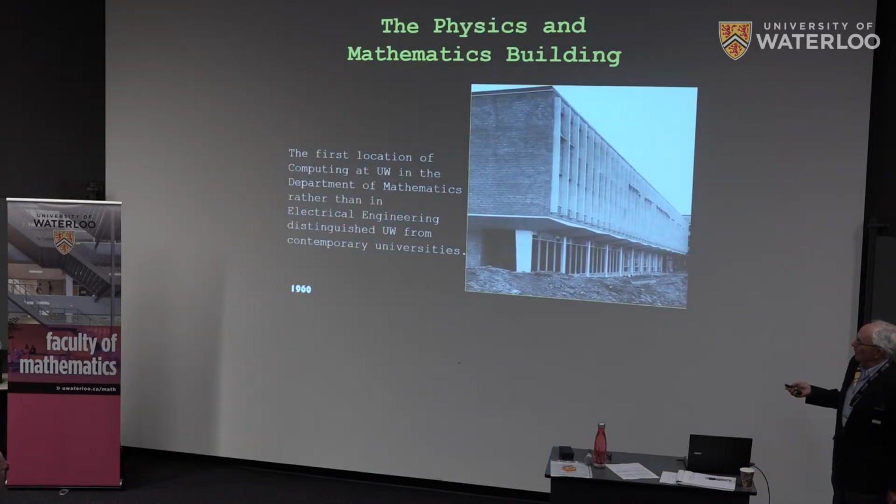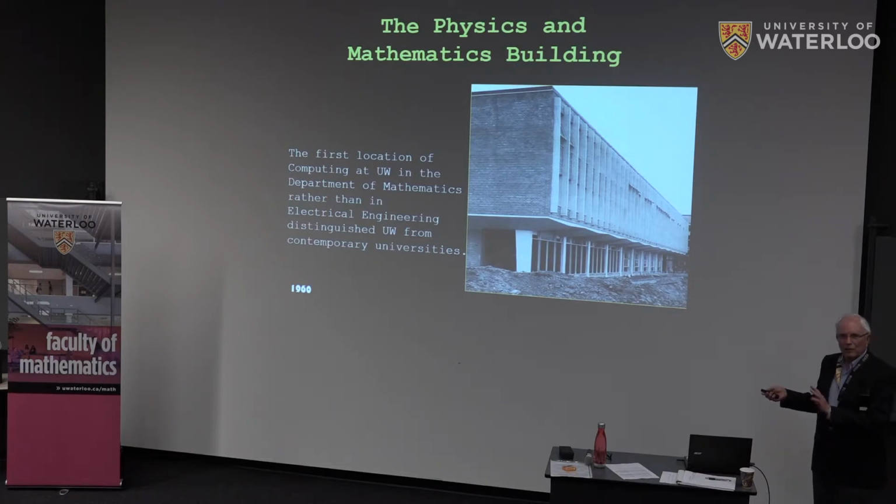And what's rather interesting is that the first location for computing at Waterloo was in the Department of Mathematics rather than in electrical engineering. And that really distinguishes us from most of the other universities where computer science and computing was in electrical engineering, not in mathematics. And the irony of that building was it was called Physics and Mathematics.